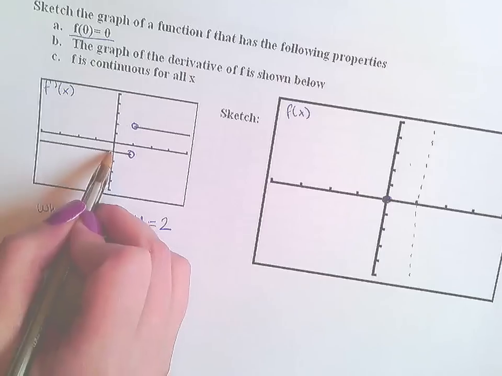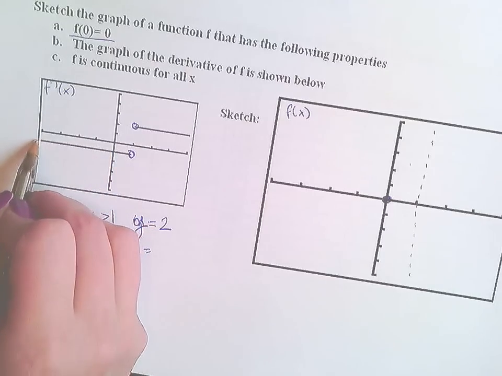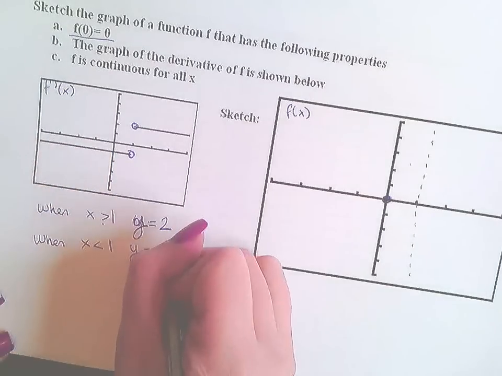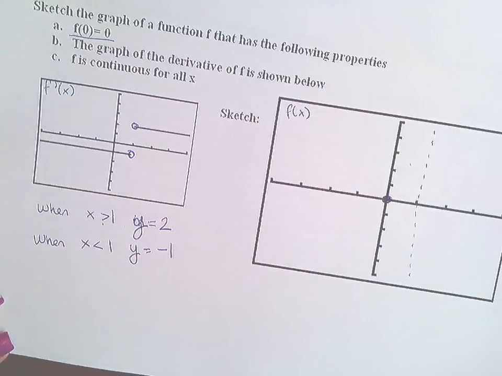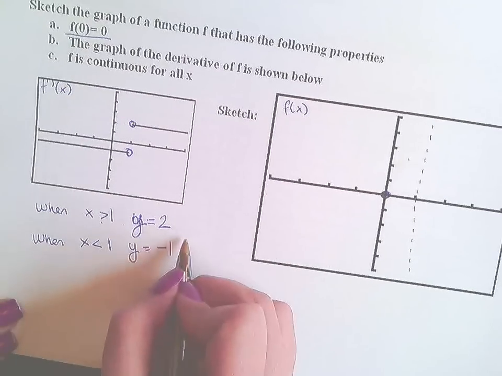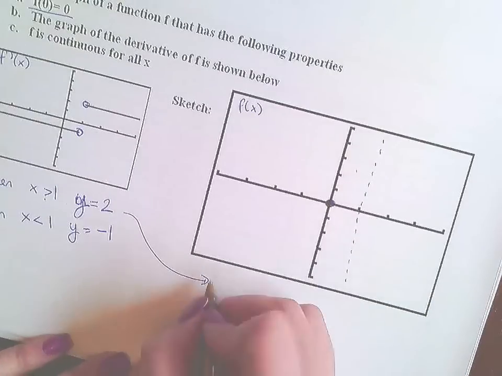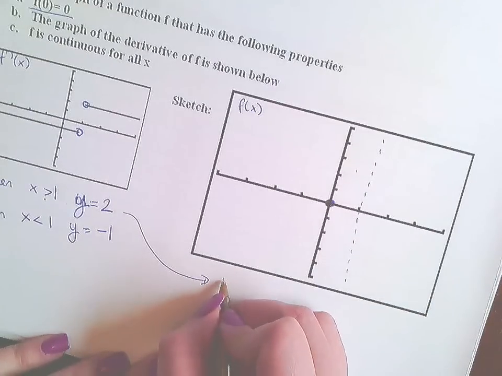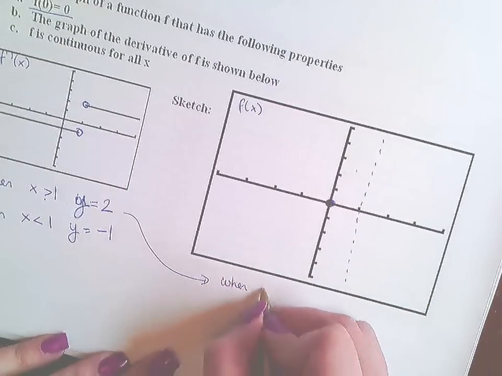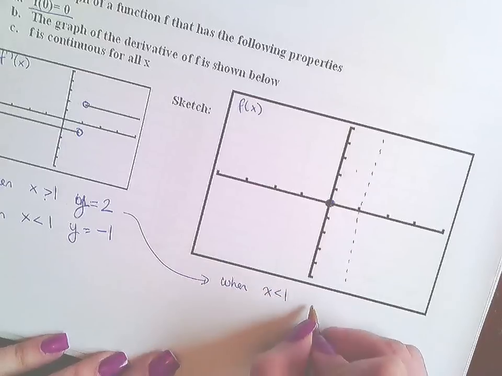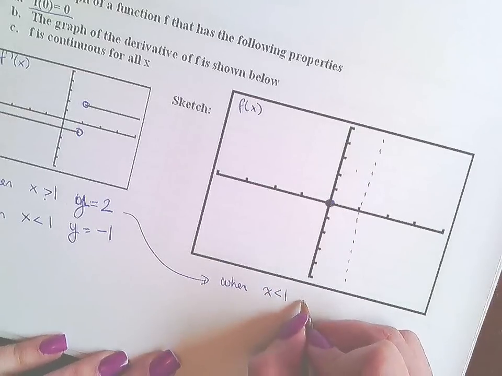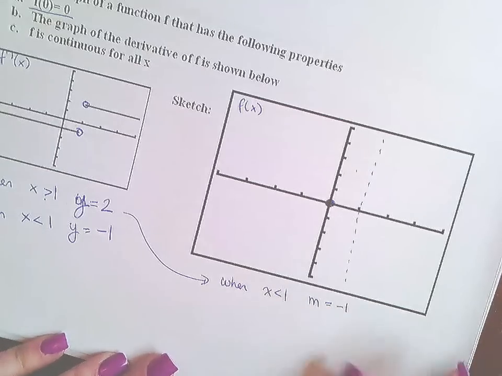My y all the way through, okay, is -1. So that means what this translates into, to the actual function, is when x is less than 1, my slope is going to be -1. Does that make sense?